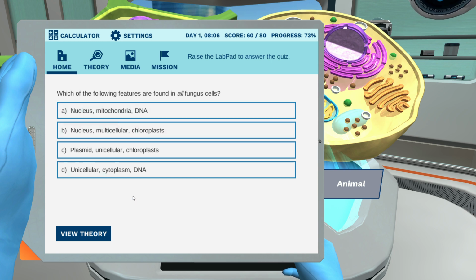Option A, nucleus, mitochondria, DNA. Option B, nucleus, multicellular chloroplasts. Option C, plasmid, unicellular chloroplasts.